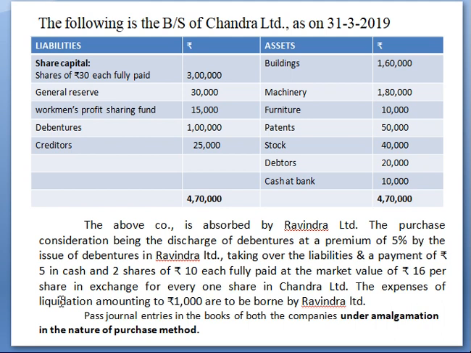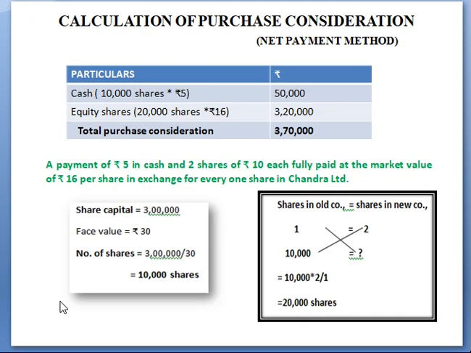And when such liquidation expenses are borne by the purchasing company, it must also be reimbursed. Now, pass the journal entries in the books of both the companies under the amalgamation in the nature of purchase method. Now, always your first step is calculation of purchase consideration.